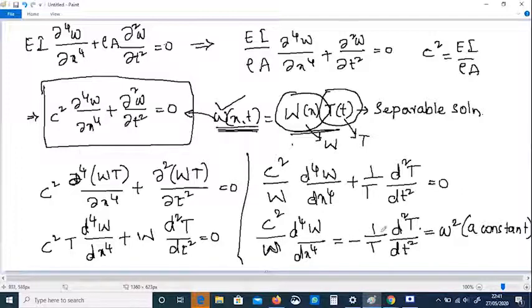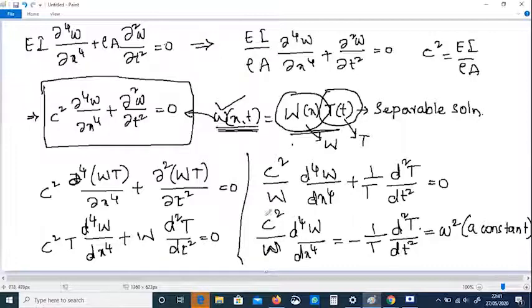So the only way these two can be equal is when you take four derivatives of w, then it should be equal to w. Both of them will get cancelled. And on the other side, upon taking two derivatives of T, you will have to get c square T. In that way, it can be equal to c square.